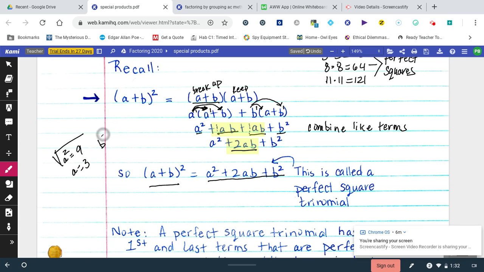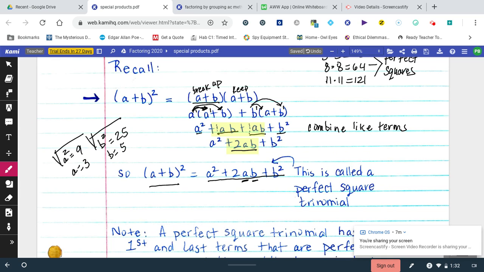Suppose B squared was 25. Well, would you know B? You should, because the square root of 25 is 5. So if you know A squared and B squared, it's very easy to figure out A and B.